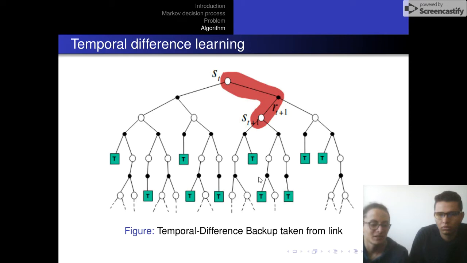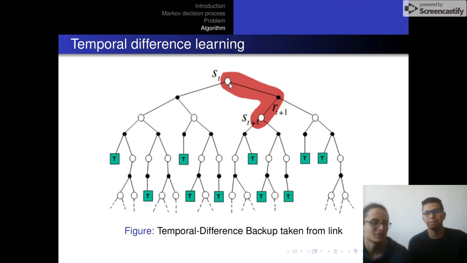And temporal difference learning is a kind of combination. Remember that I said dynamic programming only takes one step into account, and Monte Carlo takes the whole episode, which is computationally expensive.